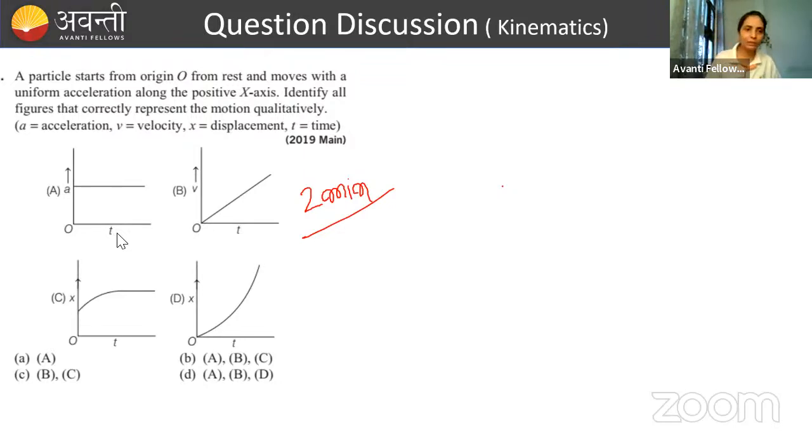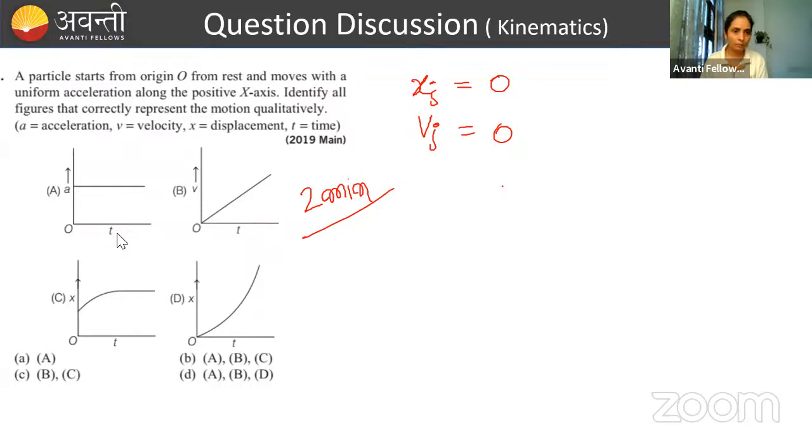जैसे देखो यहाँ पे what the question is: a particle starts from origin. So initial position is what? 0. It starts from rest. यानी कि initial velocity is what? 0. JNV Kolhapur, it seems like correct. Yes, JNV Bhavnagar.